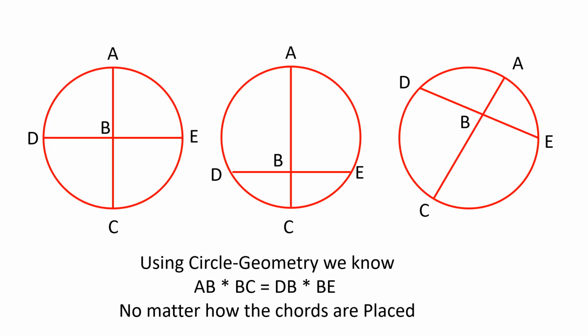If we use the circle and chord geometry, we will be able to find out the value of the radius of the circle or the arc. If you look at the illustration, using the geometry of a circle, we know that AB multiplied with BC is equal to DB multiplied with BE.